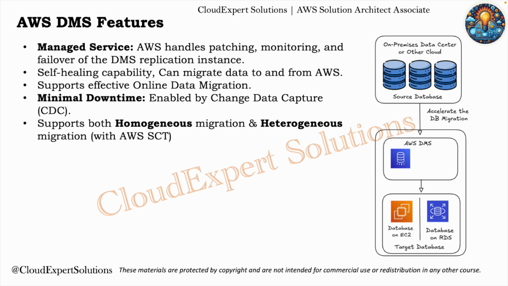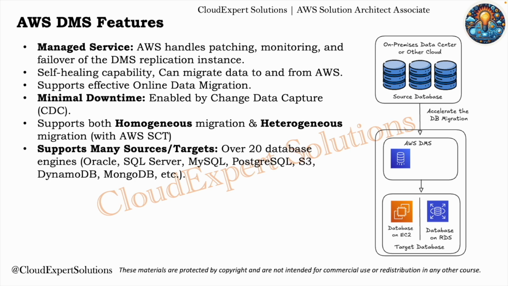It also supports both homogeneous migration and heterogeneous migration. For heterogeneous migration, AWS SCT does the schema conversion, and we have a dedicated slide to discuss AWS SCT. A major strength is its versatility, because it supports over 20 different database engines as sources and targets, and that includes non-traditional targets like Amazon S3 and MongoDB.